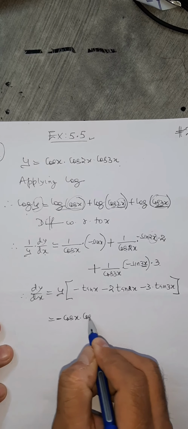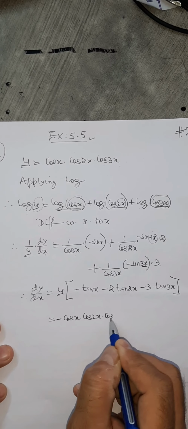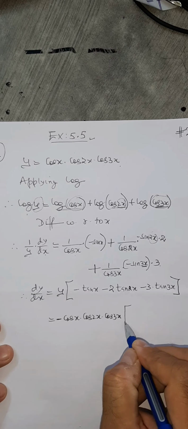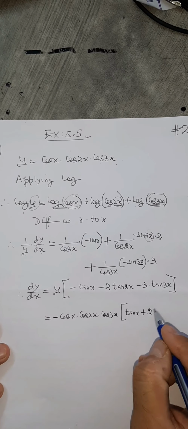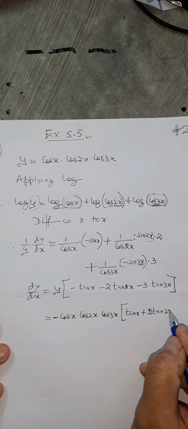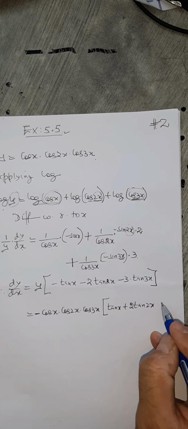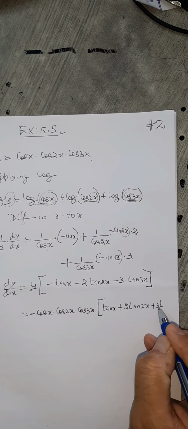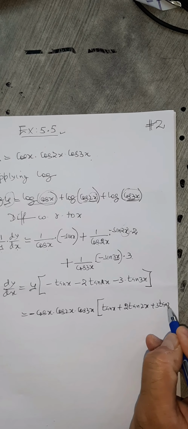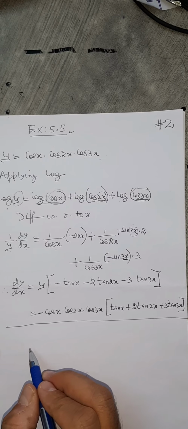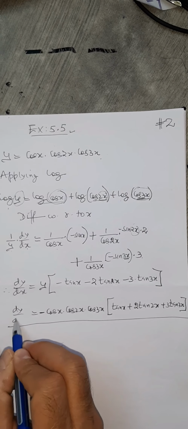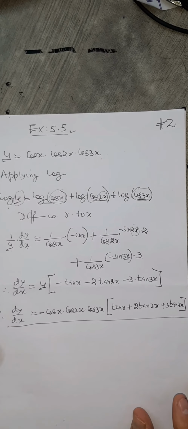Cos x into cosine 2x into cos 3x, and tan x plus 2 times tan 2x plus 3 times tan 3x. This is your answer. This is dy by dx, remember. This is dy by dx, the final derivative.